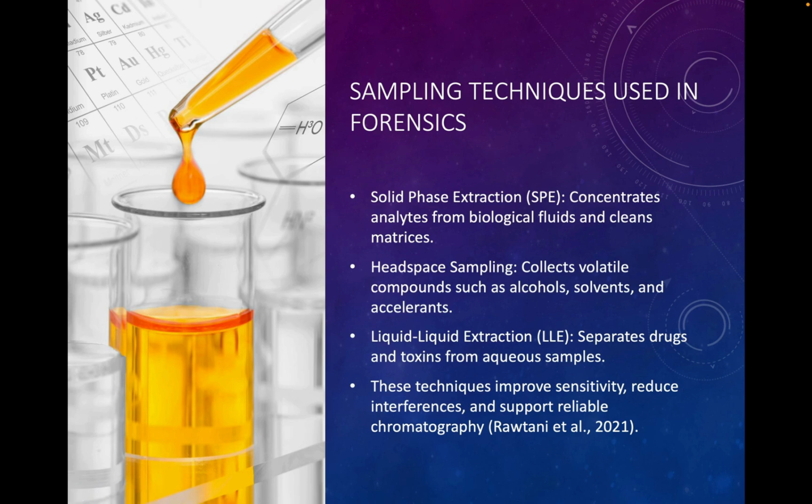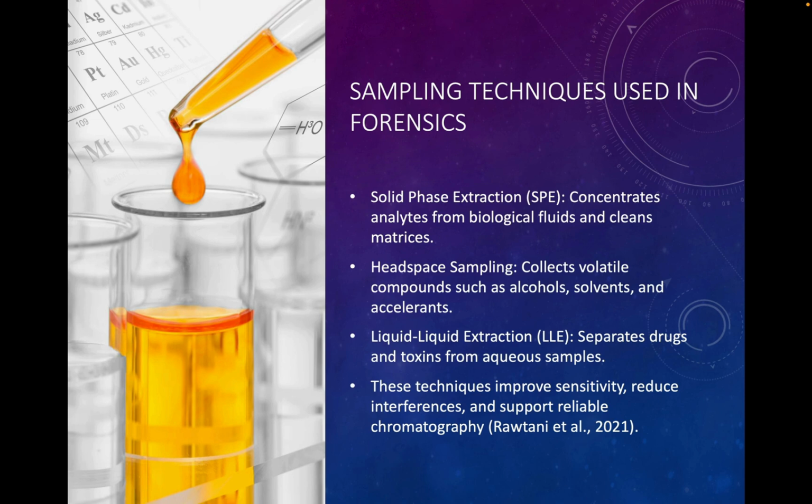Sampling techniques used in forensic science. Before any analysis can happen, the sample has to be properly prepared. I've read that sample prep is often one of the most critical steps in forensic chromatography because it directly impacts sensitivity and reliability. Solid phase extraction, or SPE, is commonly used for biological fluids like blood and urine because it concentrates the analyte and removes interferences.